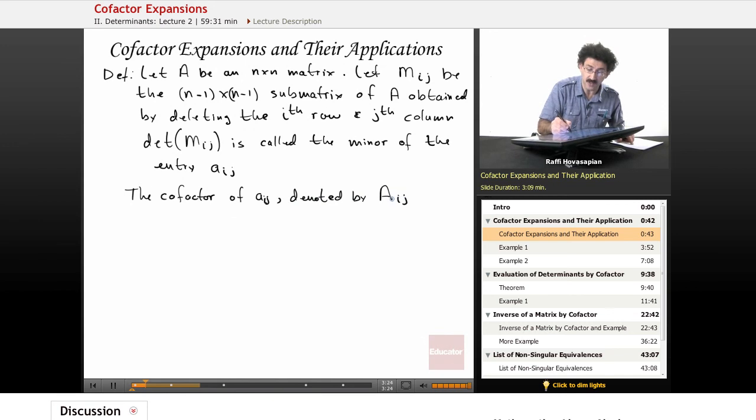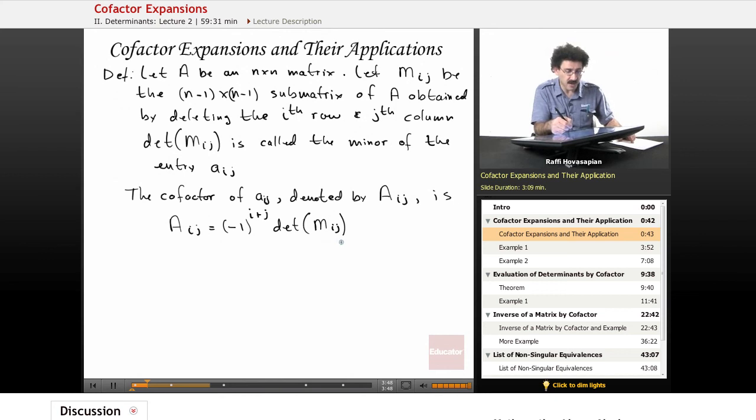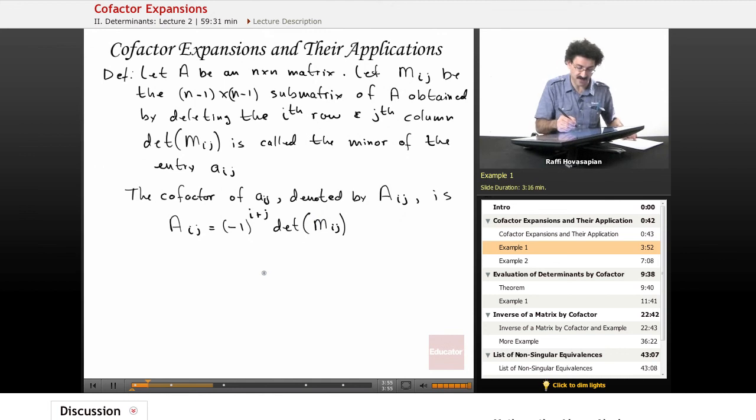So for cofactor, we use the capital; for minor, we use the M. Is the following: A sub ij equals -1 raised to the power of i plus j times the determinant of M sub ij. Okay, don't let all these subscripts and i's and j's and -1s scare you. Let's do an example and it'll make a lot of sense.